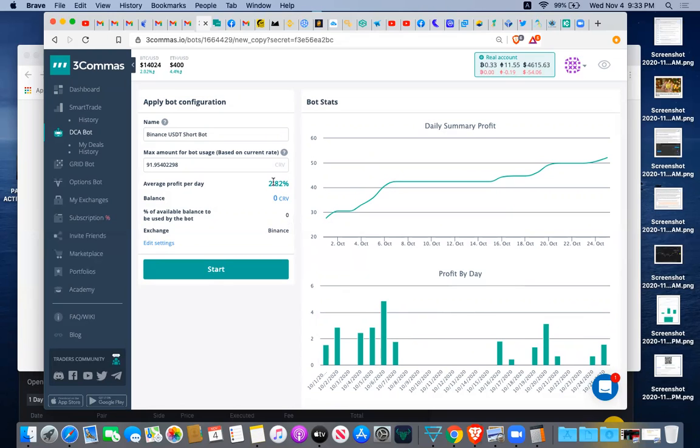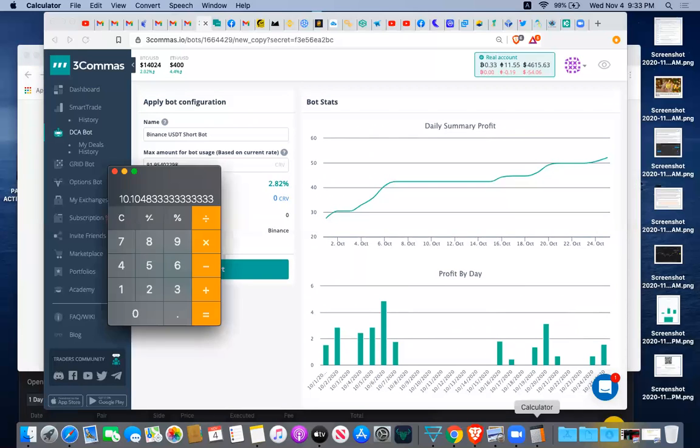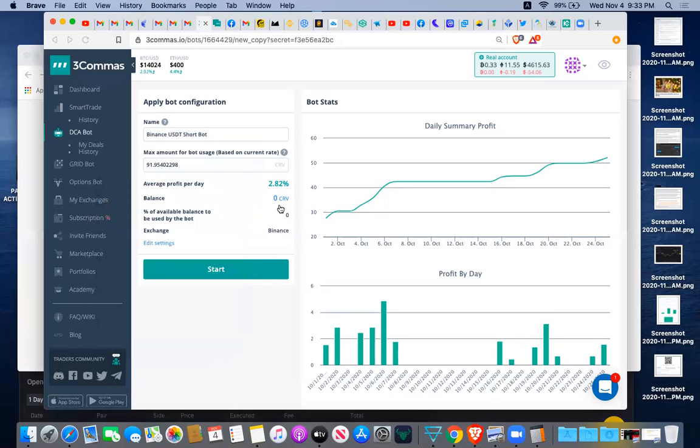On average, what the market was doing for him was 2.82%. So 2.82% multiplied by 25 days. That's about 70% in 25 days for this person just following this algorithm.